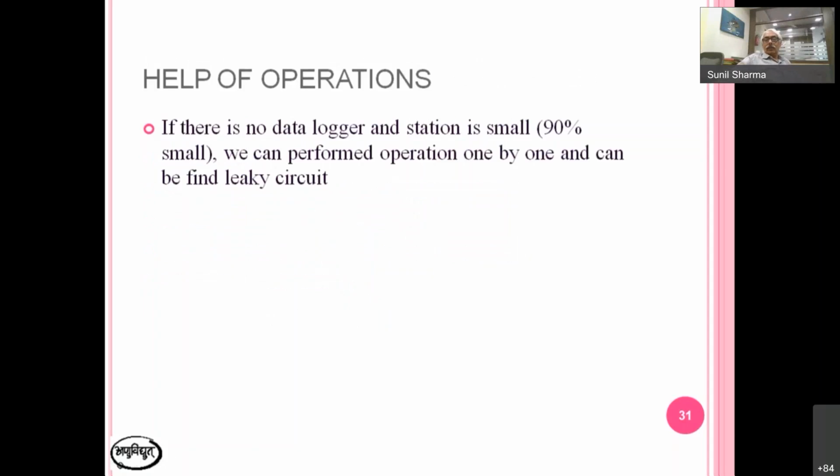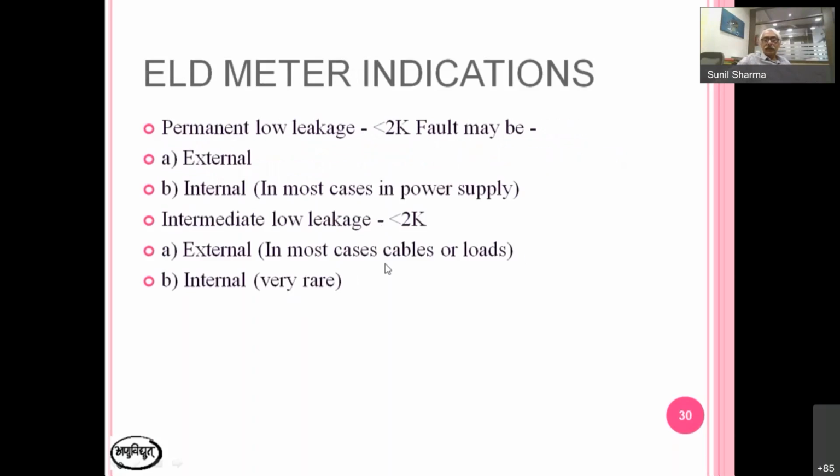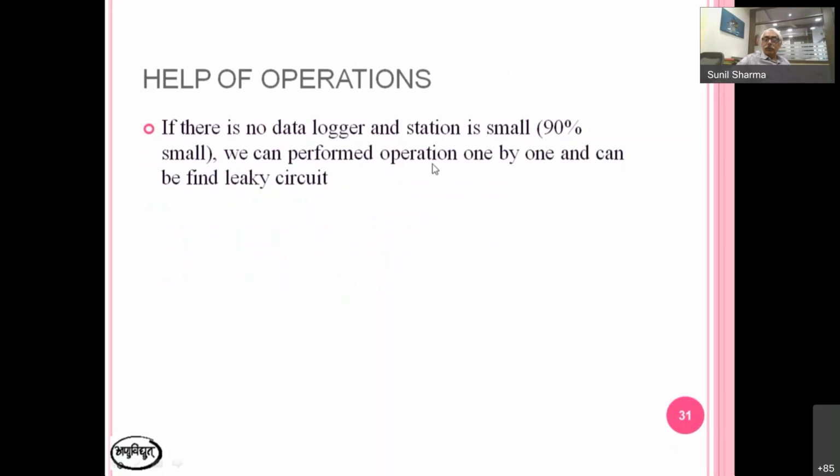Now, the help of operation. How can we take the help of operation? If there is no data logger and the station is small, we can perform operations one by one and find the leaky pair. If it is this type of intermittent site, we have made all these things.